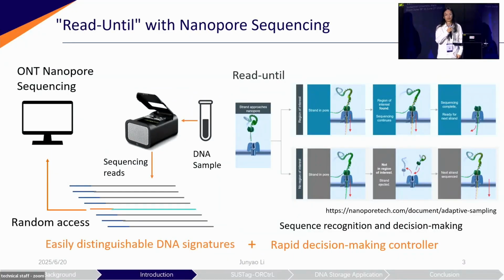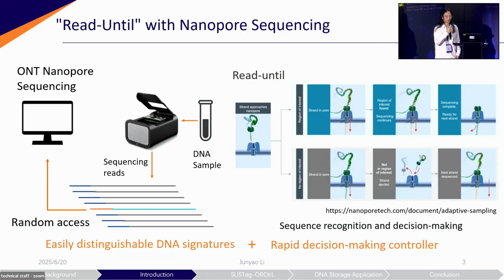And here is where nanopore sequencing comes in. Nanopore sequencing offers the opportunity for us to perform target data readout. It offers a capability called read-until. The read-until works like this. A DNA strand passes through a nanopore, and the system analyzes the sequencing signal in real time.